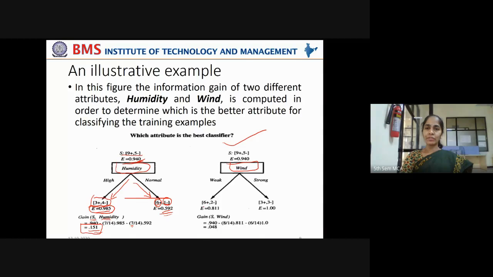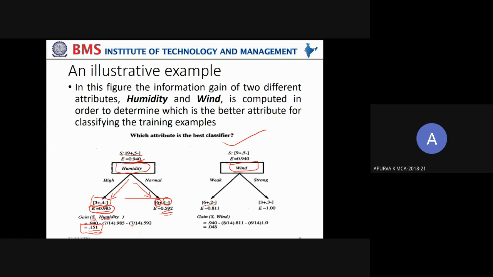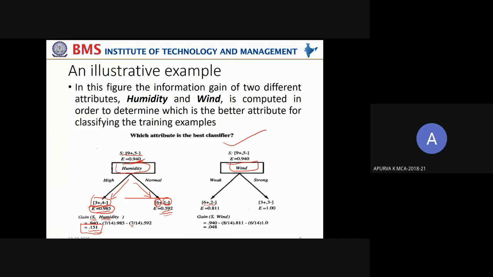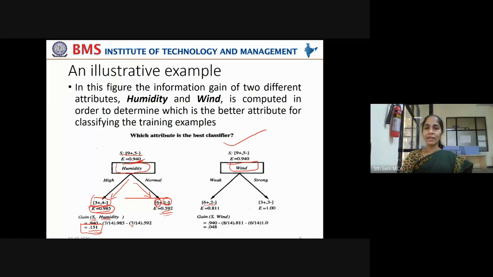I am indicating it here and it is clearly seen on the picture. How many of them are positive examples? 6, ma'am. How many of them are negative examples? 2. Right.